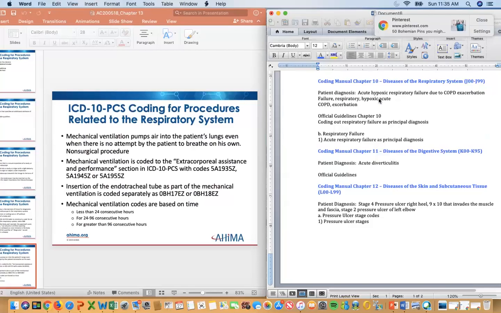We have exacerbation as our key word. So I see obstructive with, then we have acute, but then it says exacerbation. So we have a J44.1. Let's keep that one in mind. Okay, now we found something there.